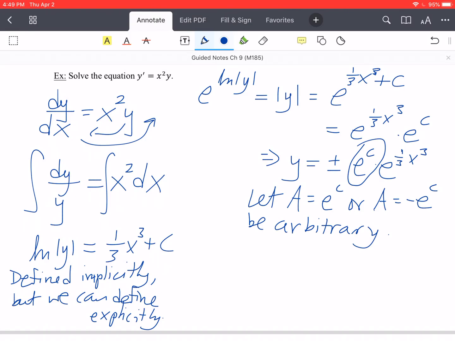So we're basically just replacing the arbitrary constant e to the c with a. Okay, and so that's just a naming thing. It doesn't change anything about the problem. We're just calling it something to help simplify the problem a little bit. So the general solution is going to be y equals a e to the 1/3 x cubed.